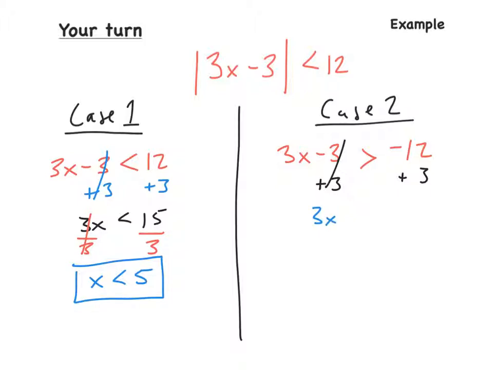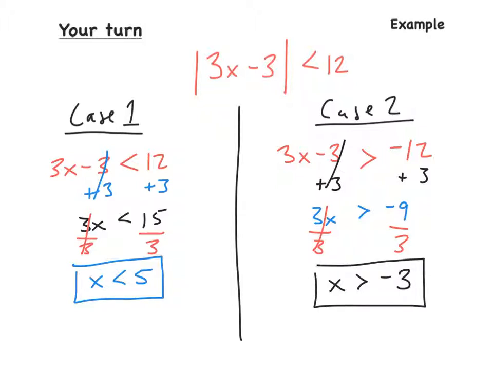So we have 3x is greater than negative 9. If we divide by 3 on both sides, we have x is greater than -3. So these are our two answers. We have x is less than 5 and x is greater than -3.